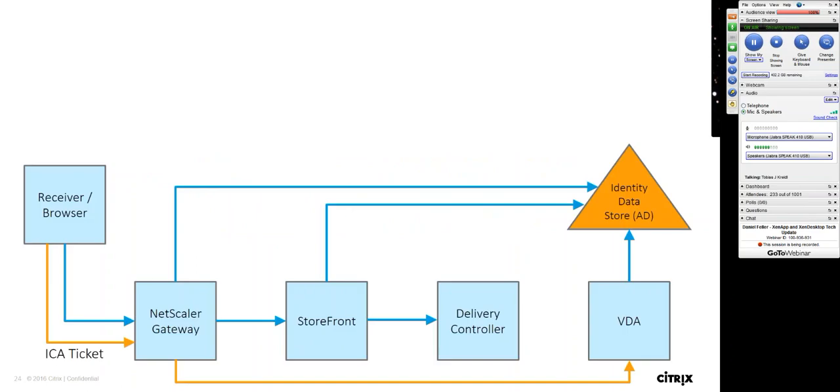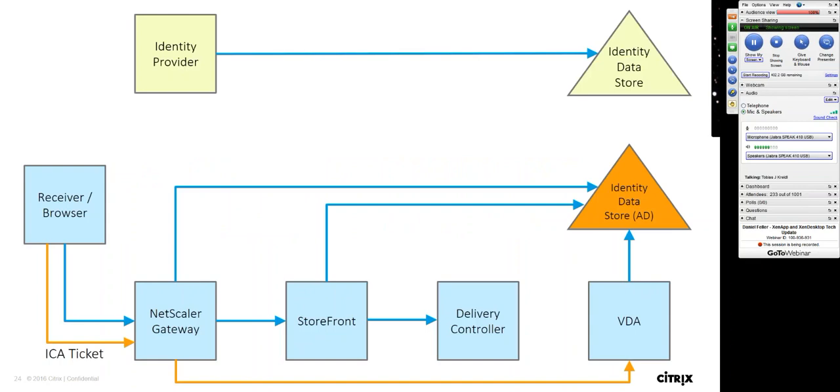If we go back to the overall architecture, what we end up changing is that we have a third-party identity provider. In this instance it's Google, but it could be anything. It could be Azure Active Directory. It could even be something like LinkedIn for your identity provider. Instead of NetScaler authenticating against Active Directory, it would authenticate against your third-party identity provider via a SAML trust, which it's able to support.